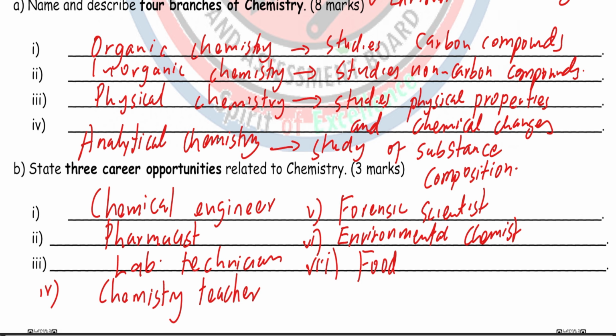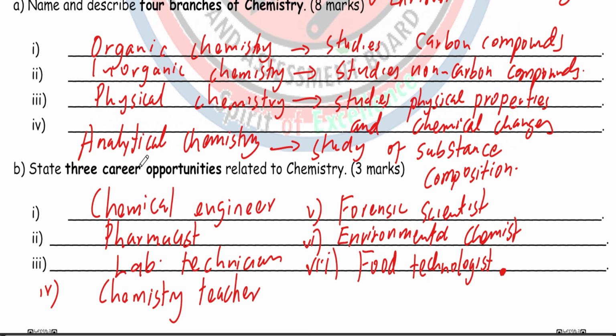Food critic is a different case. It's called food technologist. Especially companies like KEBS deal with this. You look at the quality of the food. Is it good for human consumption? What things are in that food? Does it have a high concentration of calcium? Does it have a low concentration of minerals? So that's called food technologist.